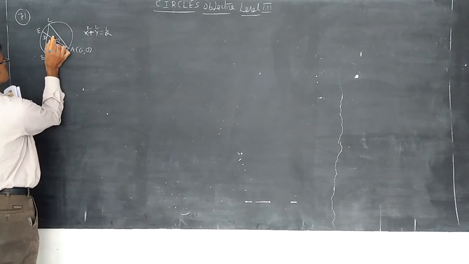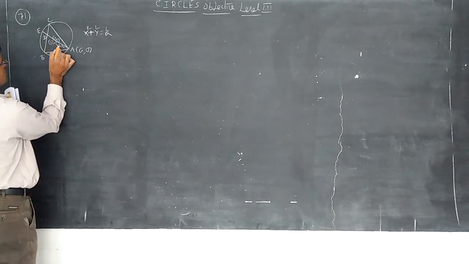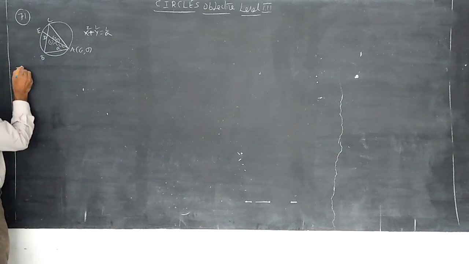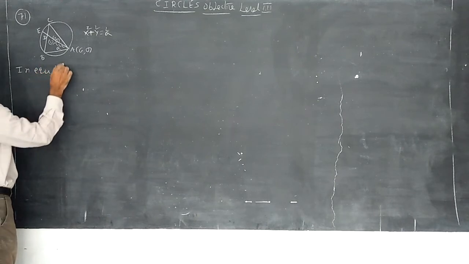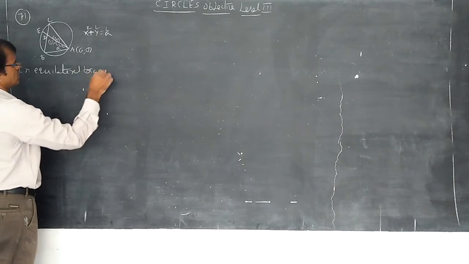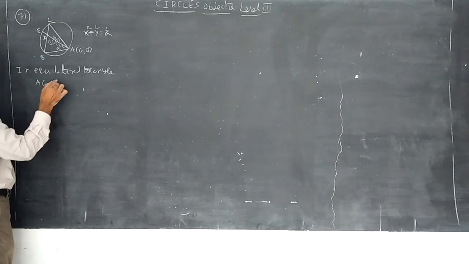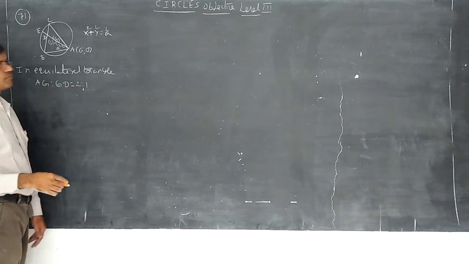This is the main concept. This is G, because it is an equilateral triangle. This is A. In the equilateral triangle, remember this concept: AG to GD is 2 to 1.